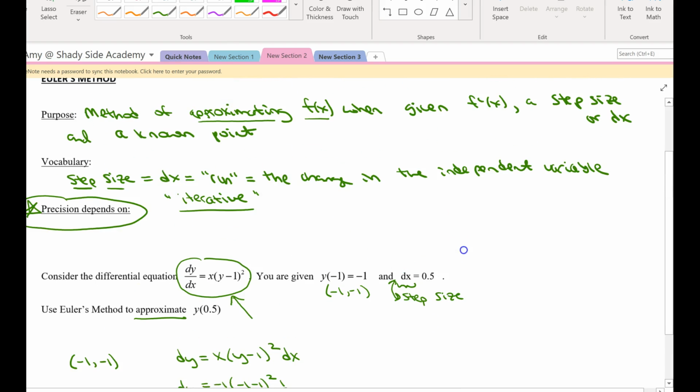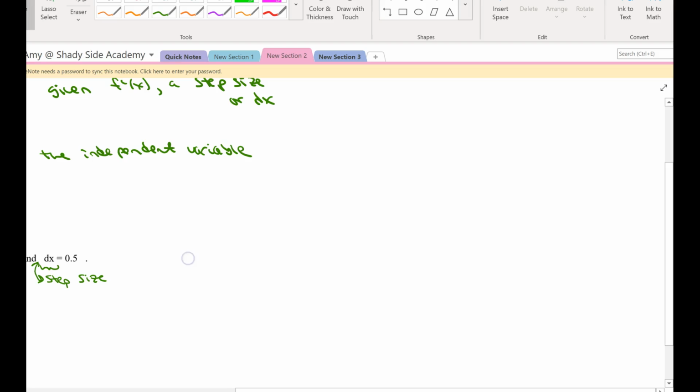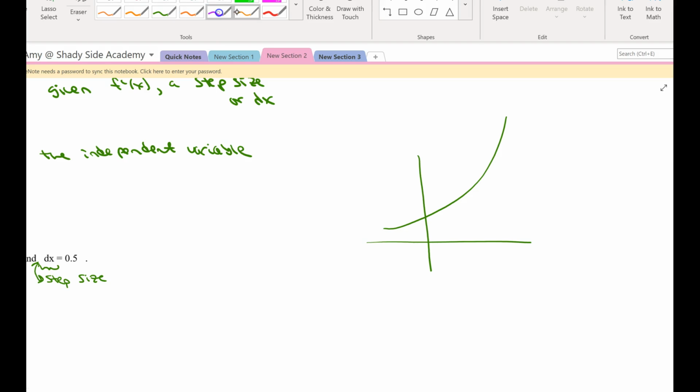Okay, so dx, let's walk back up here. dx is the run. dx is the change in the independent variable. You don't have to write this part down with me here, but you may have remembered last year in BC Calc Part 1, you may have done this, or TIC. You certainly did this in AB, okay? If I have a function here, and I have the tangent line, here's the purple tangent line, right?